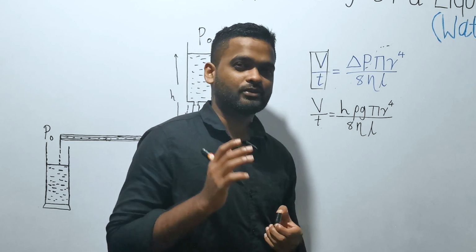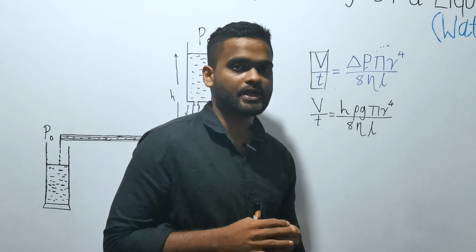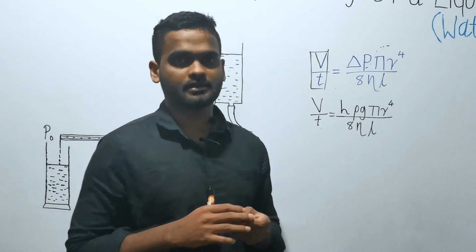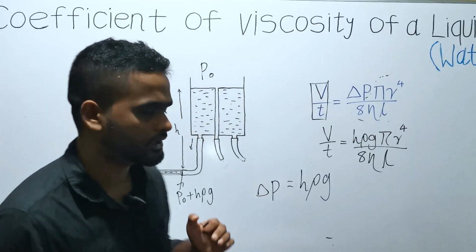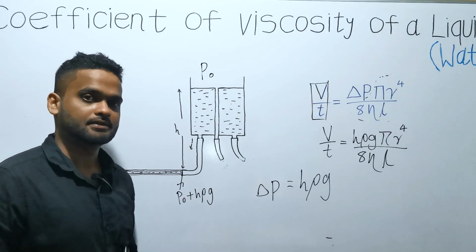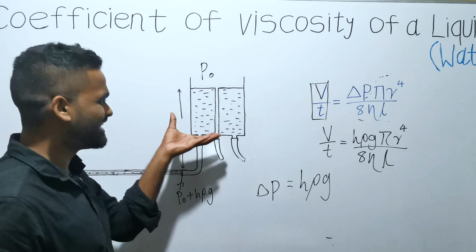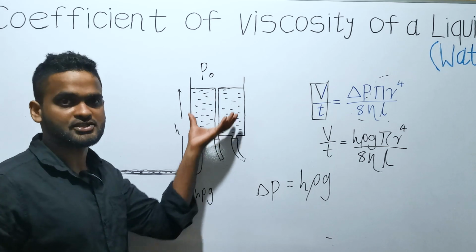But the accuracy of that method is much lower. So we are going to use a graphical method in order to find eta. Here we are going to change the pressure head. We can change the elevation of the constant pressure apparatus.